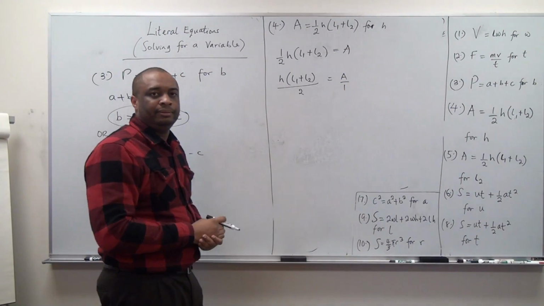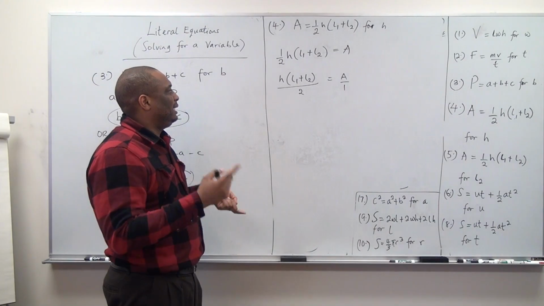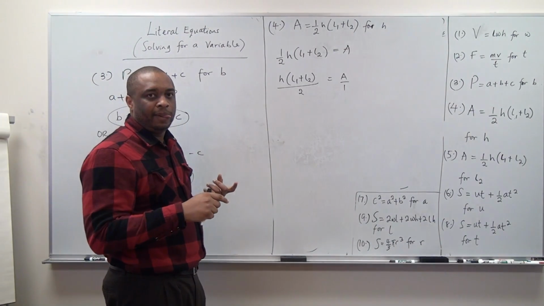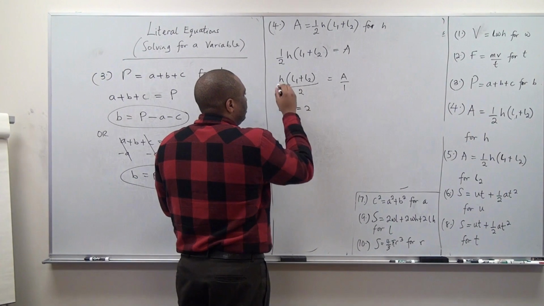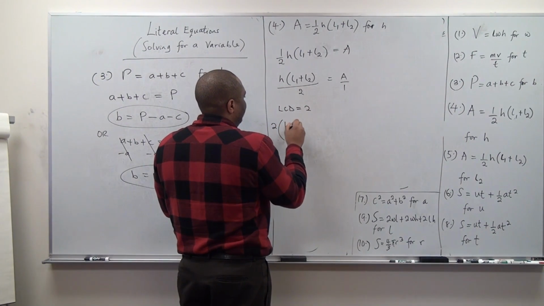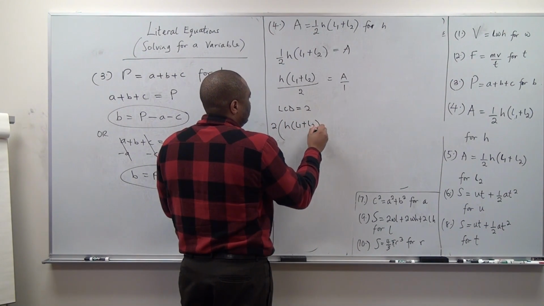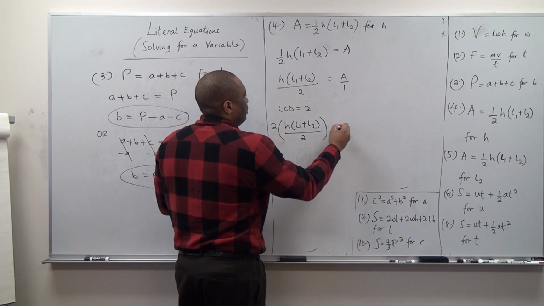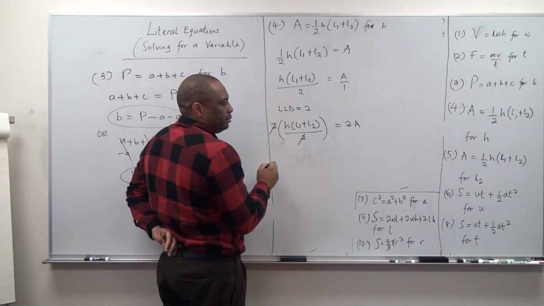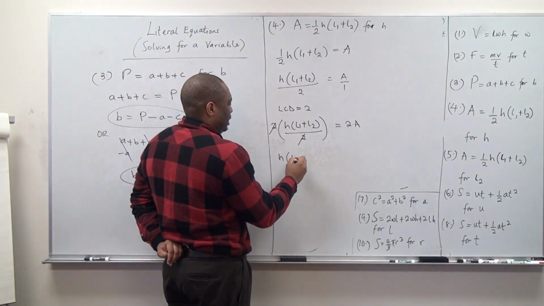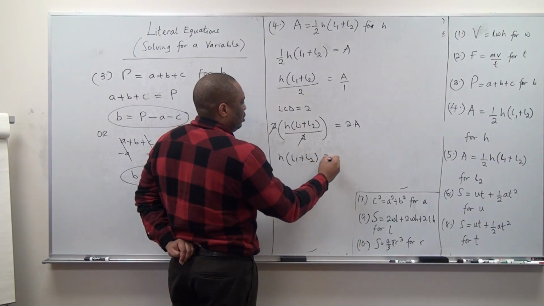And like I said, in this case, the LCD is what? 2. So you multiply 2 by everything: h, L1 plus L2 all over 2 equal to 2 times A. So 2 will cross out 2. I have that h, L1 plus L2 equal to 2A.